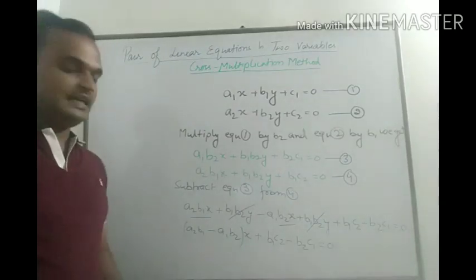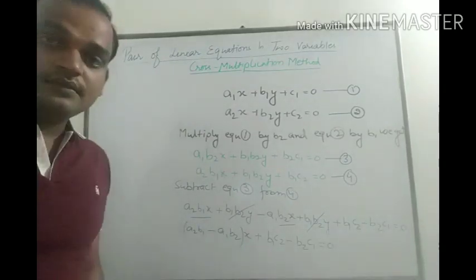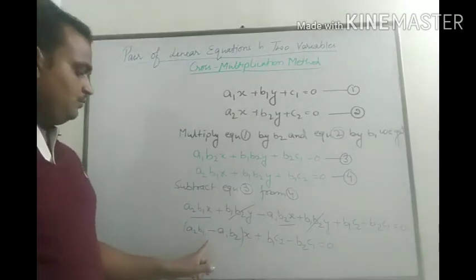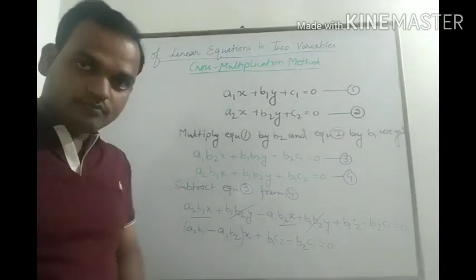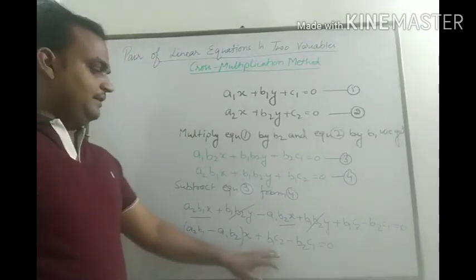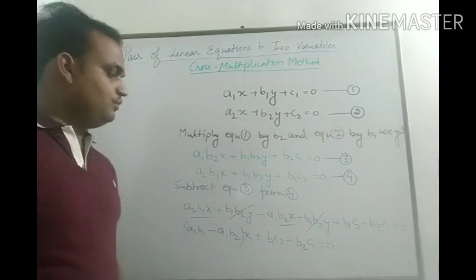This comes to a2 b1 minus a1 b2, and b1 c2 minus b2 c1.